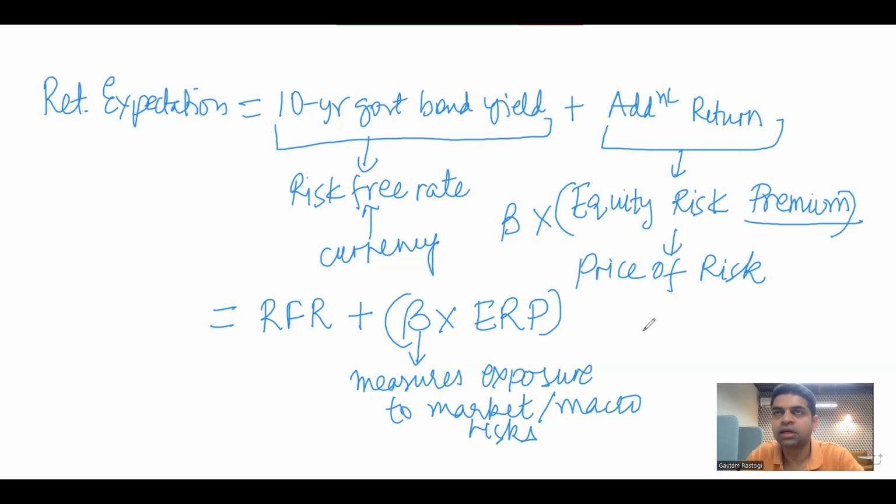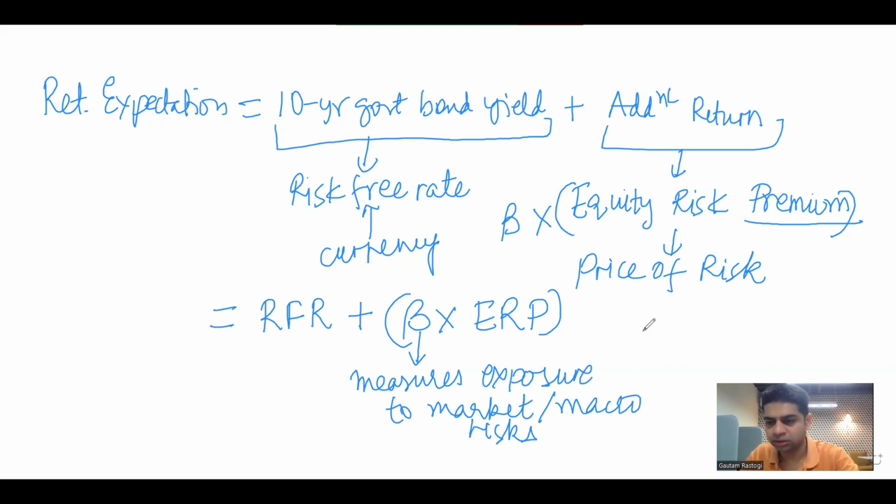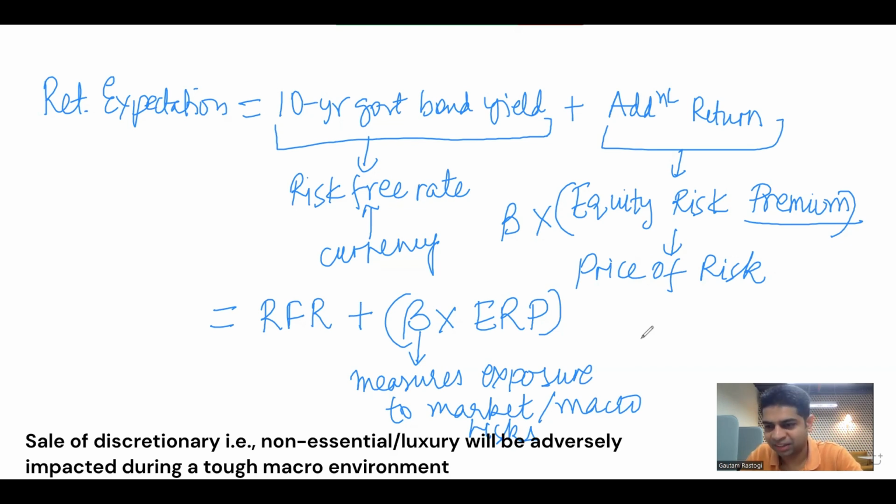Let's try to understand this. Say your company makes discretionary products, say high fancy Louis Vuitton bags. When you have a tough macro environment, when there's a recessionary environment, who do you think is going to buy those bags?